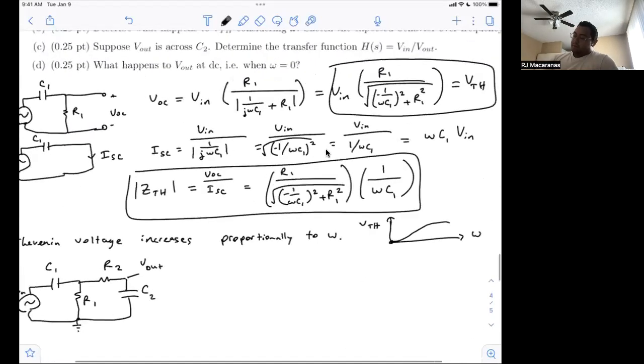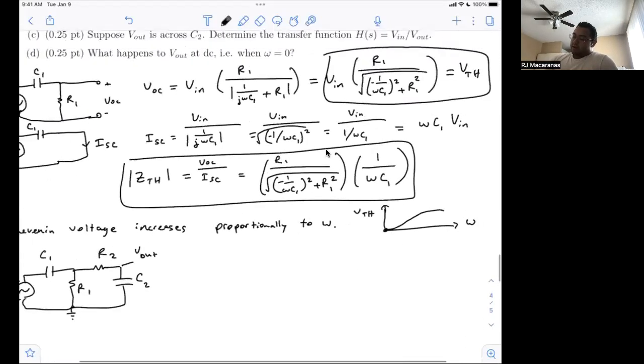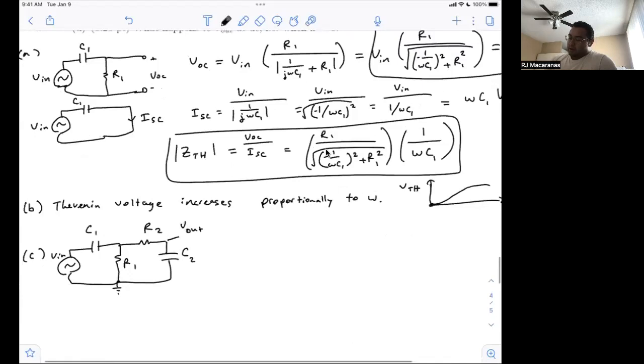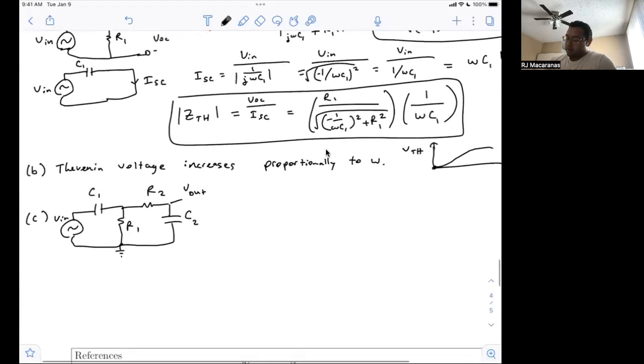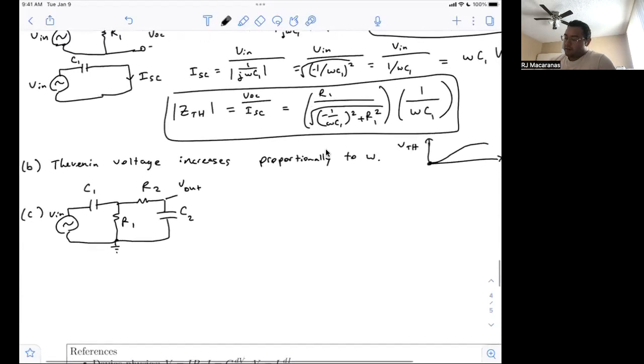So our goal is to figure out that transfer function. So how do we do this? Well, it looks a little complicated, but fortunately, we figured out the Thevenin equivalent circuit for this. So we can replace that with this. So our Thevenin impedance there, and we have our Thevenin voltage here.